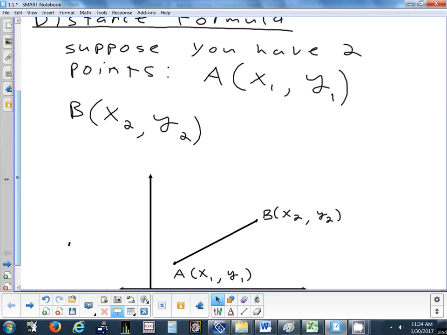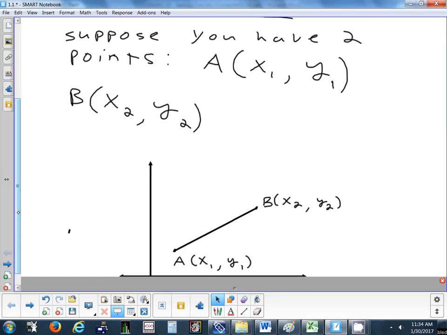Just to keep it simple, I'm going to put it in quadrant 1. They don't have to be positive numbers, but just for the purposes of the diagram, it'll keep it simple. So the goal is to figure out how far apart points A and B are.